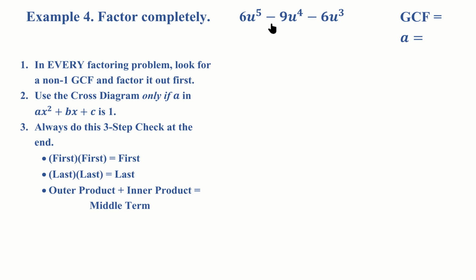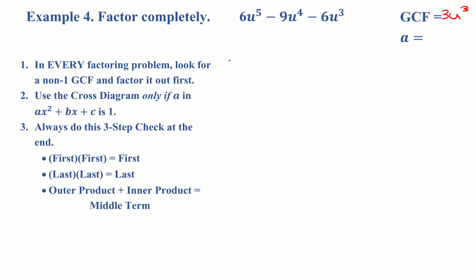In fact, the GCF of 6, 9, and 6 is 3, and the GCF of u to the 5, u to the 4, and u cubed is u cubed. So the GCF is 3u cubed. So we're going to go ahead and factor out the GCF. We will wait on A for the quadratic until we actually have a quadratic in hand.